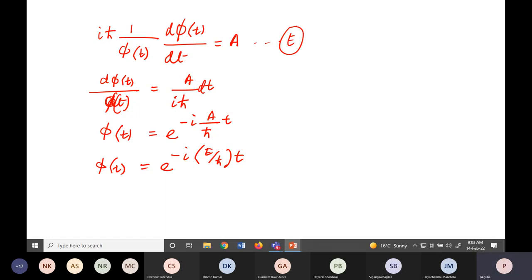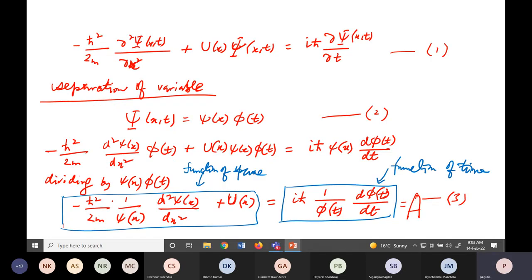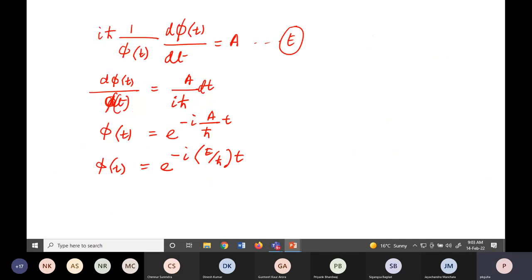What about the space dependent part? The space dependent part is this one. And here also we can use that constant A and rewrite that expression.